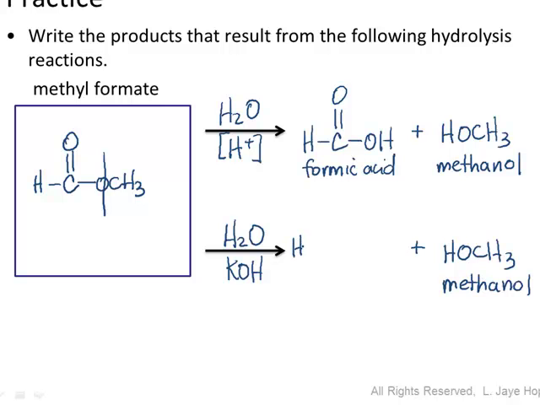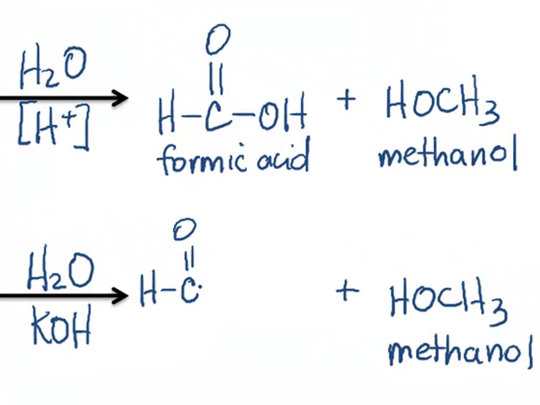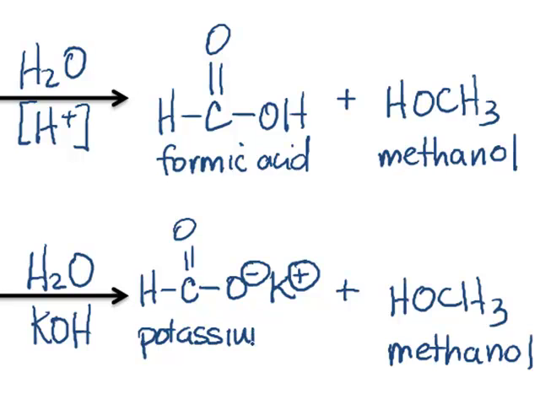The result is my formic acid will deprotonate, and I'll be left with the salt. In other words, I'll write an O- and bond it with the K+, the potassium ion, from the potassium hydroxide. The name of this substance is potassium formate, because it's the ionic name for the carboxylate salt. And again, it could be called potassium methanoate if you were using the systematic naming.